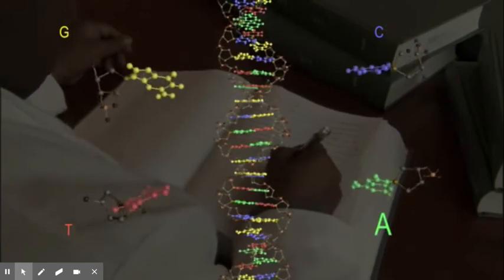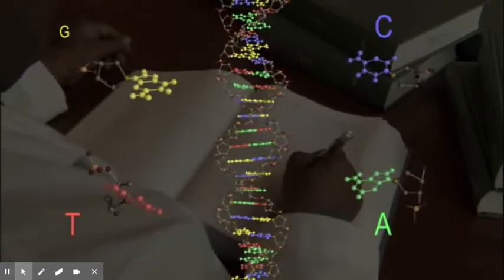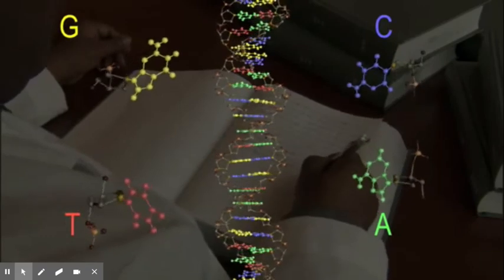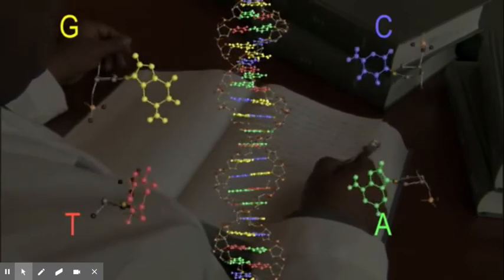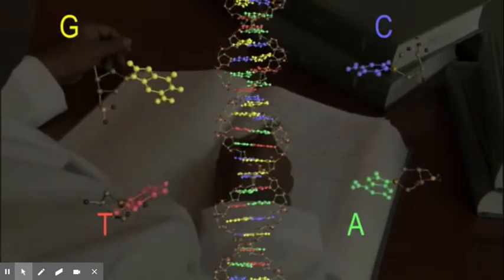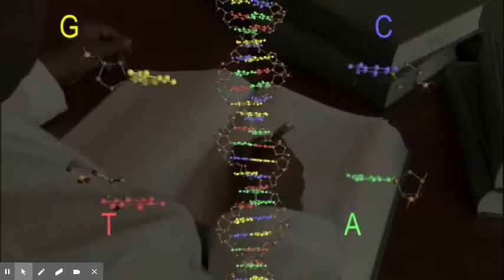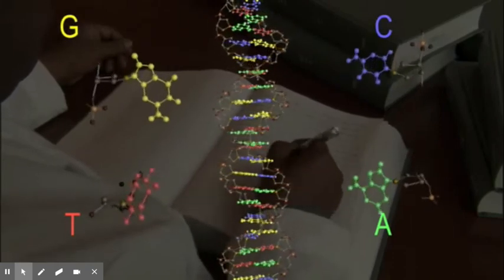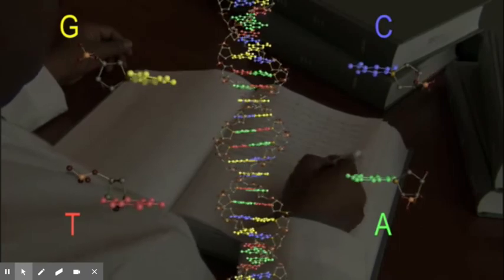A, T, C, G. There are two of these base molecules for each step on the ladder, and it is always either A and T together or G and C together. So if you know one side of the step on the ladder, you automatically know the other side as well.